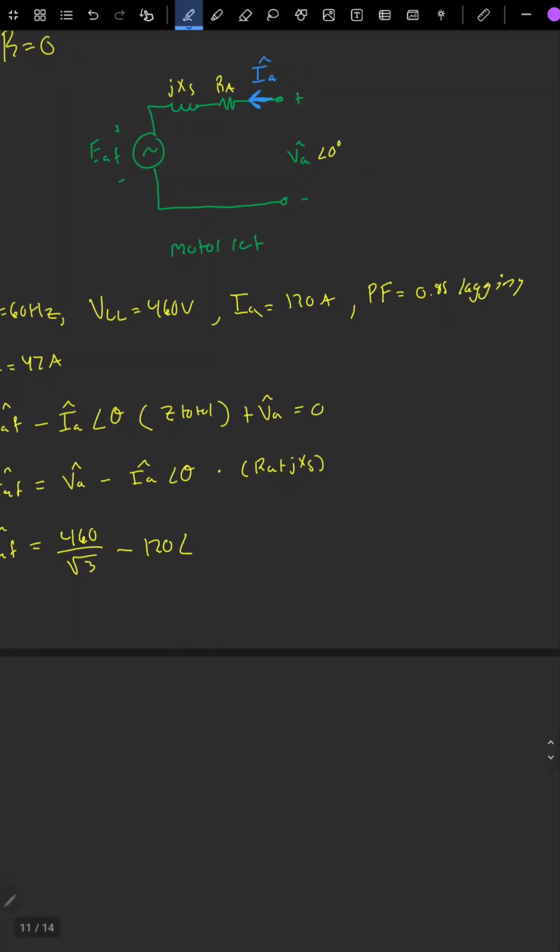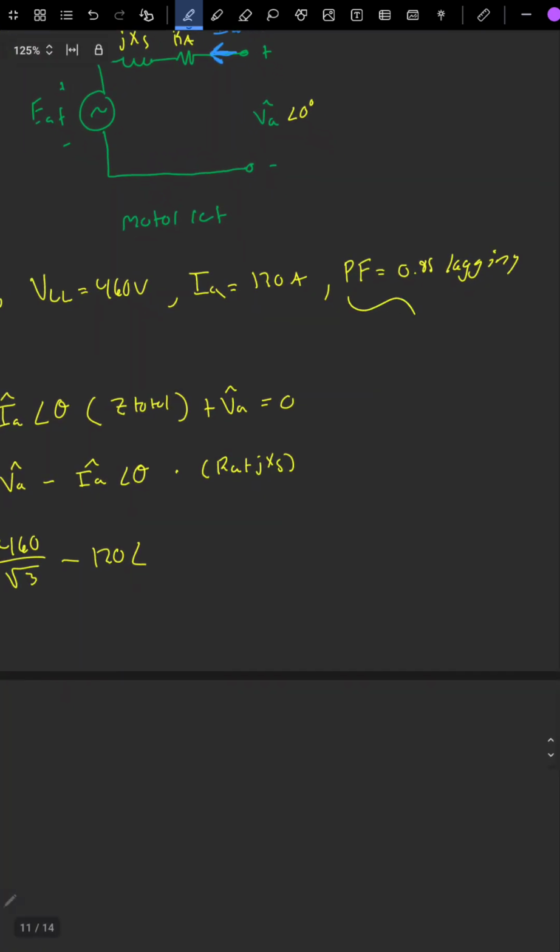So now we have to find the phase angle. But good thing that we have the power factor. So we know that 0.95 equals cosine of the angle, and the angle is going to equal cosine inverse of 0.95, which is going to equal 18.19, but we know it's lagging, so it's going to be a negative 18.19 degrees.